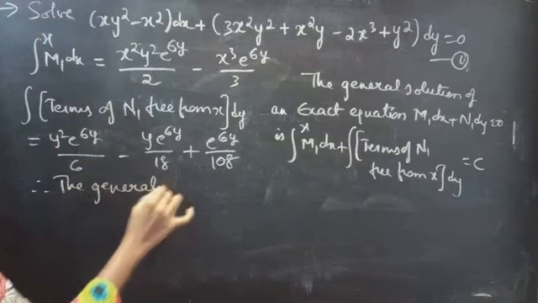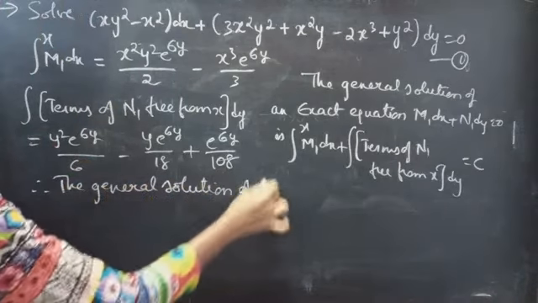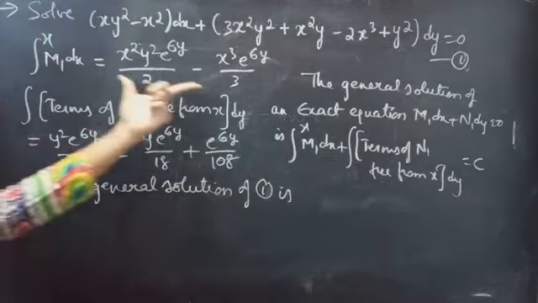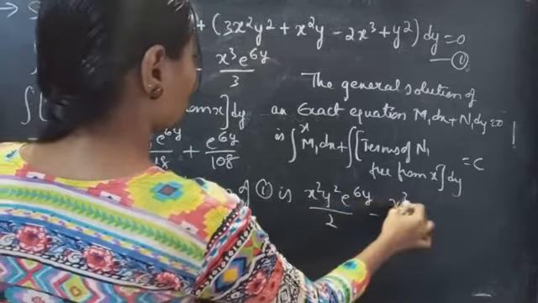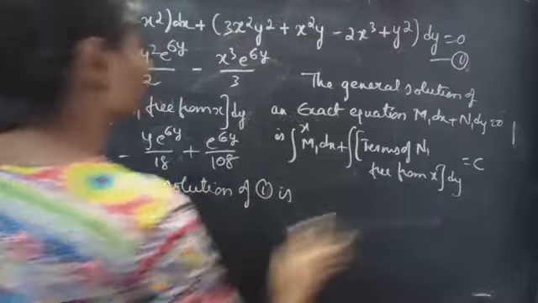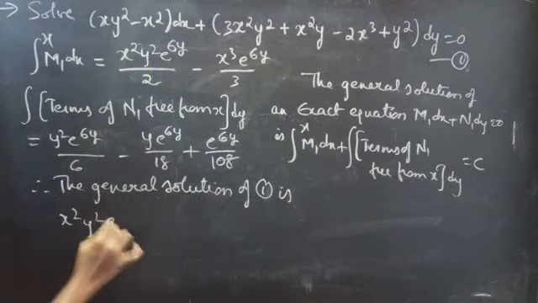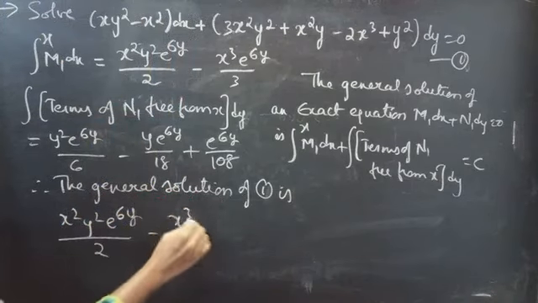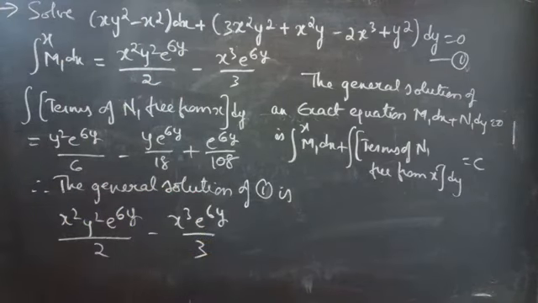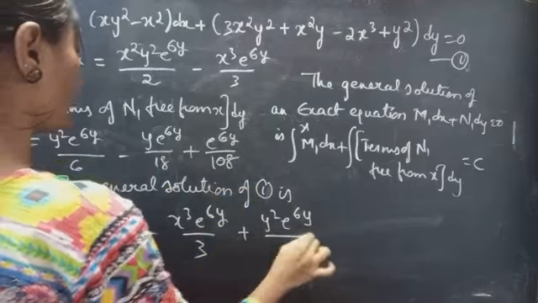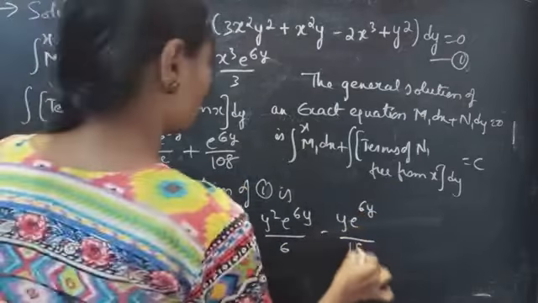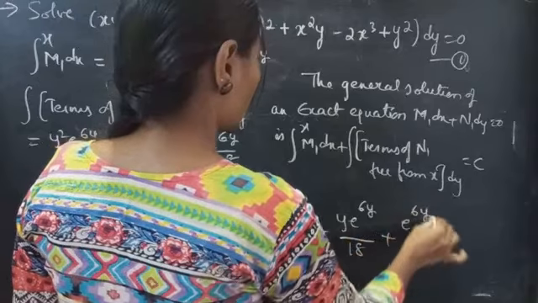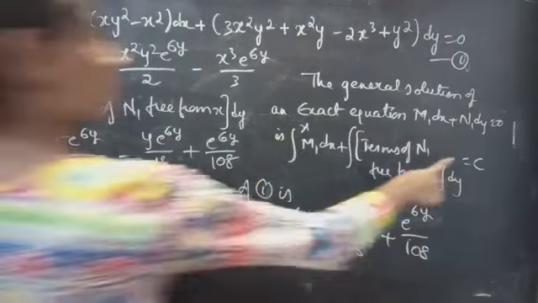The general solution is the result obtained from the first integral, x square y square e power 6y by 2 minus x cube e power 6y by 3, plus the result obtained from the second integral, y square e power 6y by 6 minus y e power 6y by 18 plus e power 6y by 108, equals C.